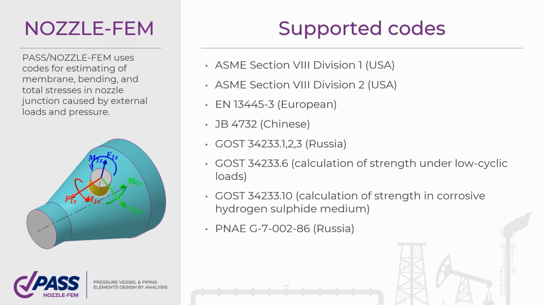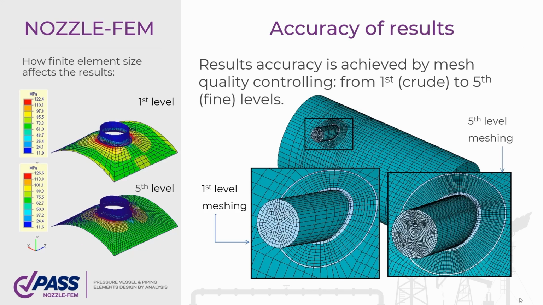For example, ASME division 1 differs from ASME division 2 by values of allowable stresses, or in the method of determining the equivalent stresses. For example, the maximum tangential stresses, so-called Tresca, or the maximum distortion energy yield criterion from Mises. The last criterion is used in ASME codes.